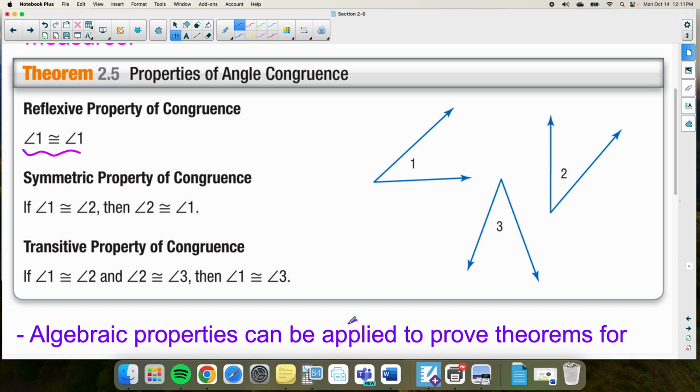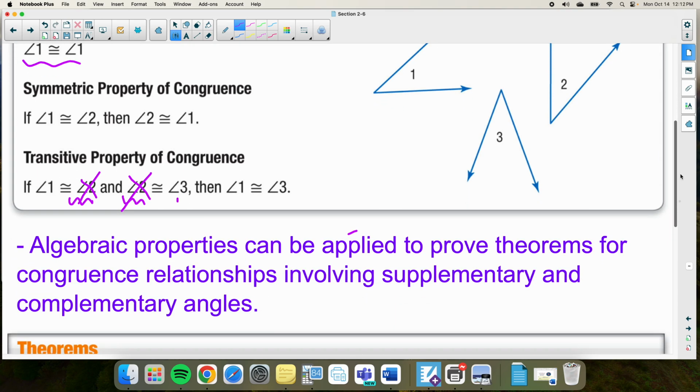Yeah, okay. Symmetric property is anytime you take something and flip the 2 sides, that is called symmetric property. And then transitive property, if the ending of this and the beginning of that are the same, you can cross those out and say that the outside 2 are congruent. And that's something we've talked about before.